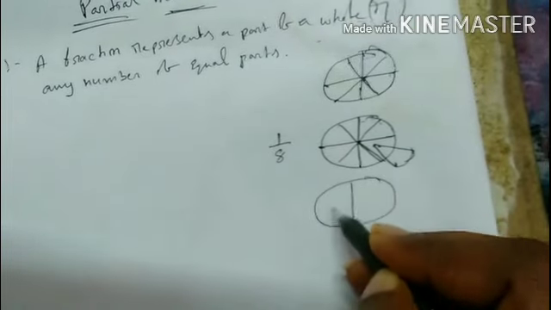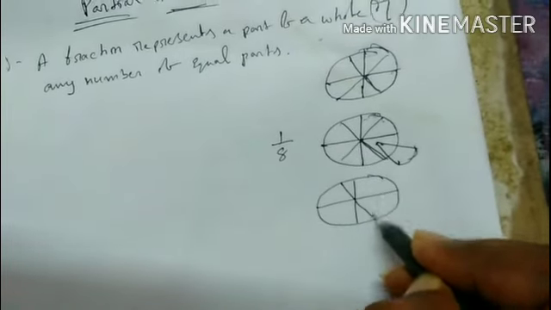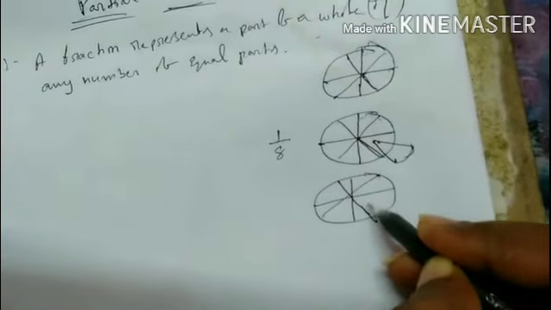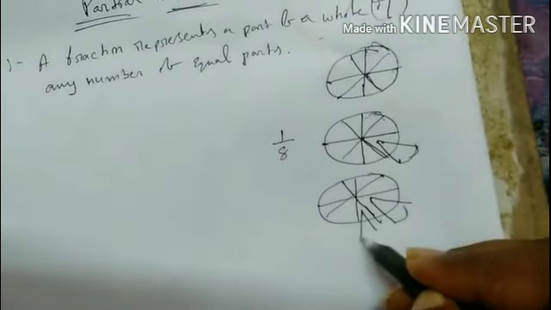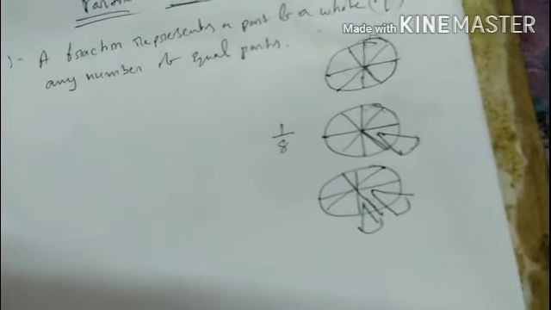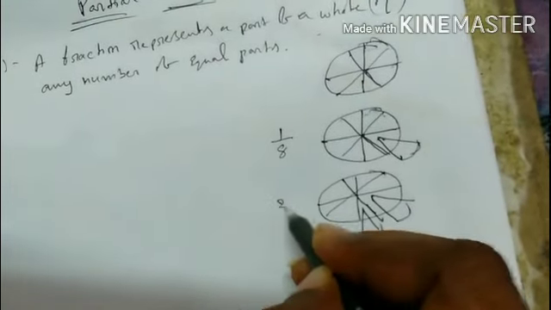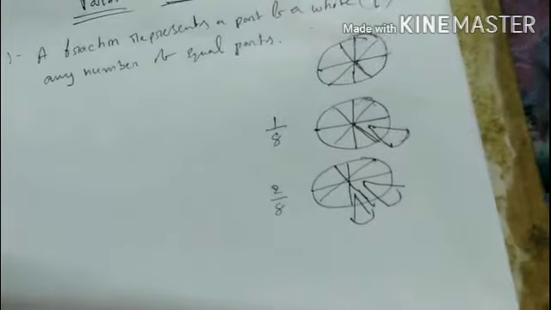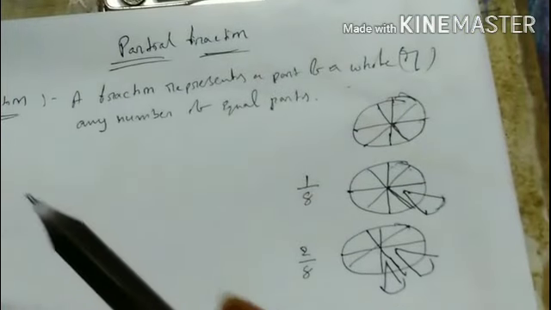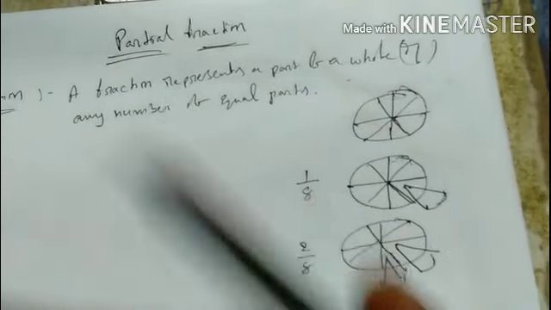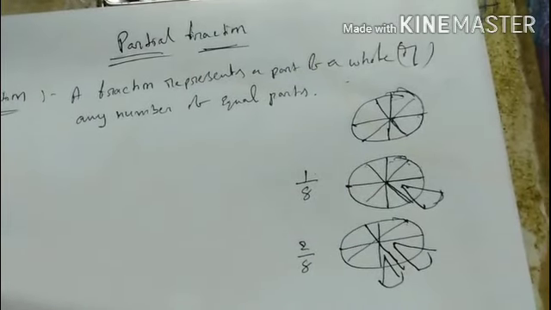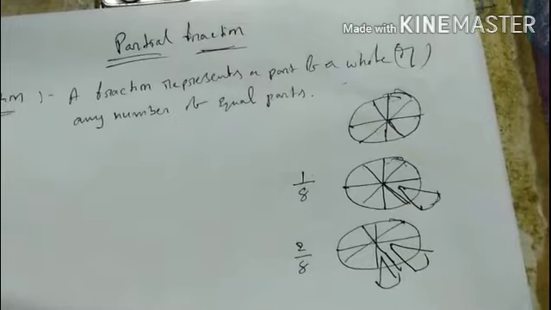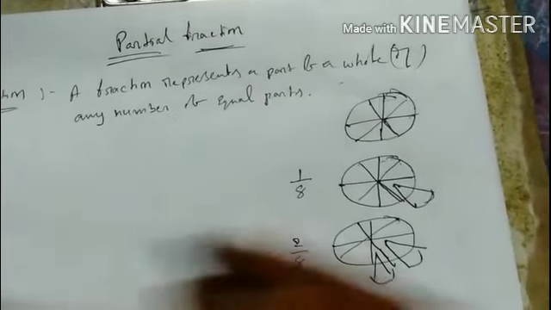Suppose we take 2 parts, then it can be represented as 2 by 8. So that is, a fraction represents a part of a whole or any number of equal parts.